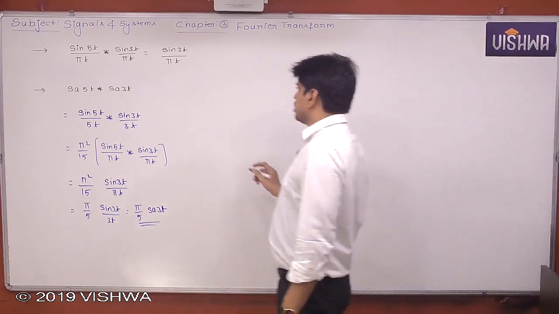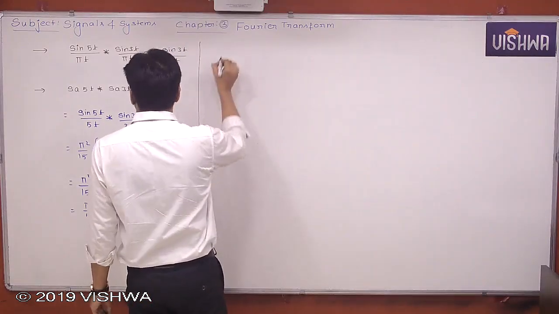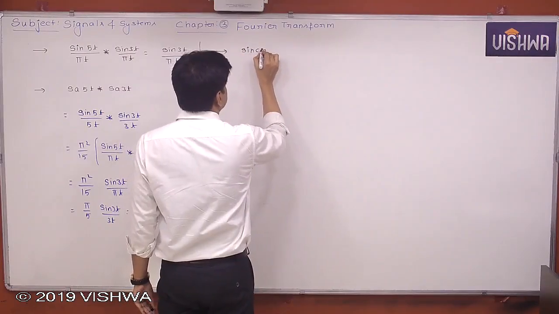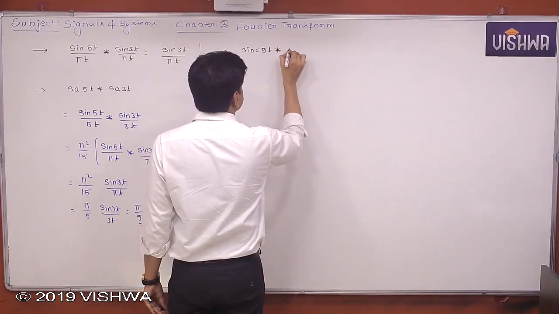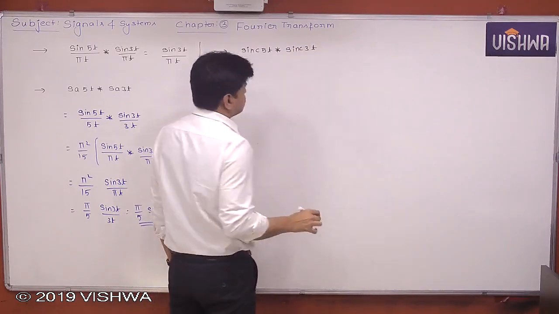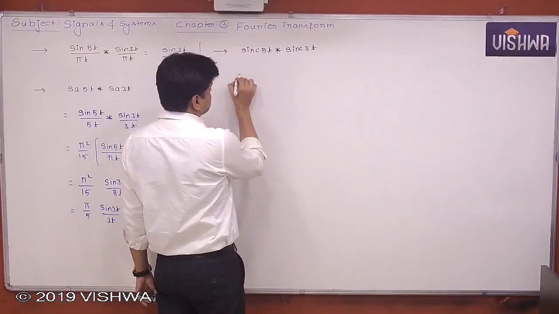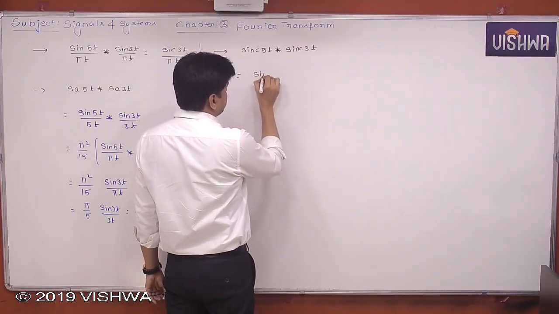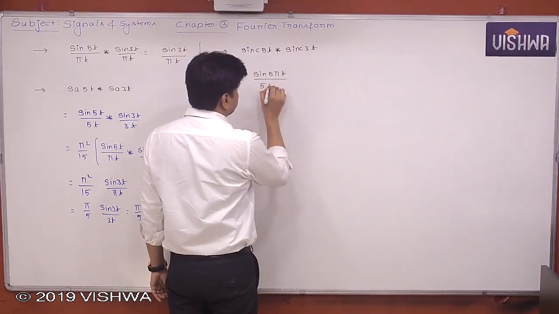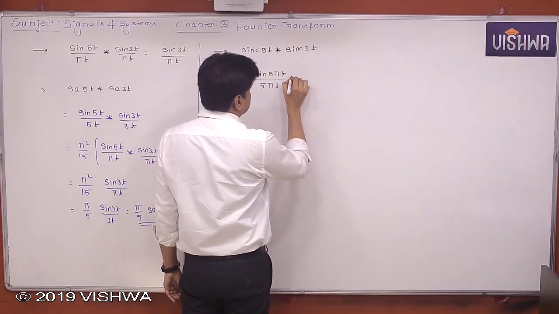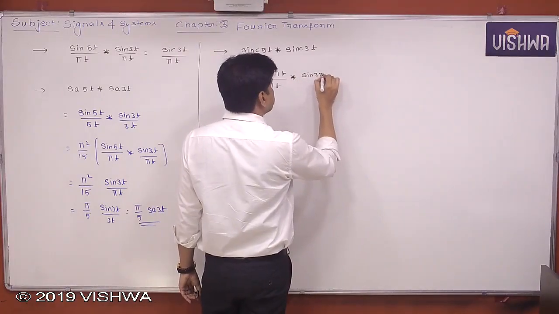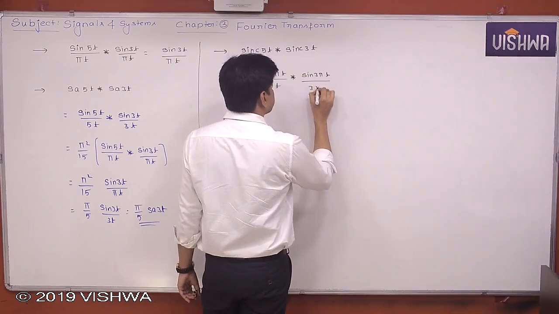In a similar manner, suppose it is asked sinc 5t convolution with sinc 3t, then what can we do? This can be written as sine 5 pi t by 5 pi t convolution with sine 3 pi t by 3 pi t.